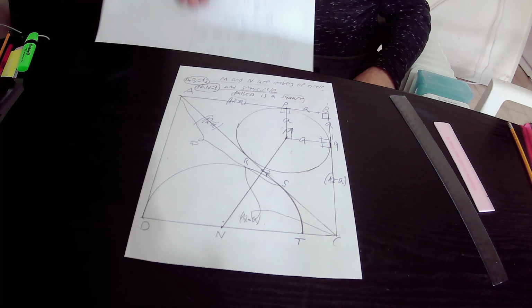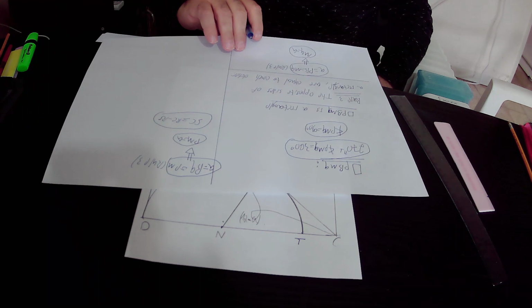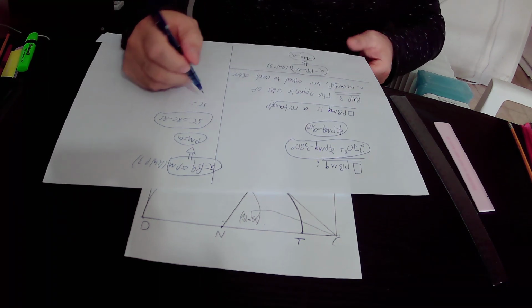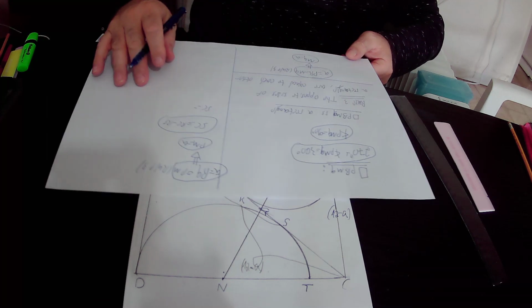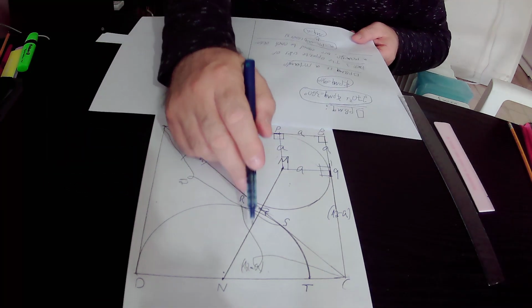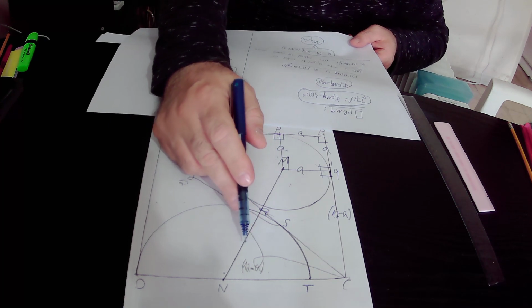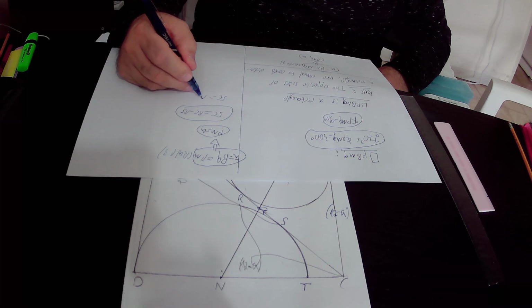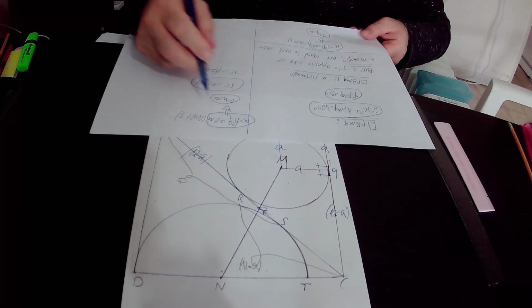Okay? So SC equals RC, and we have already found out that RC equals 12 minus A. It is written here. Minus RS.